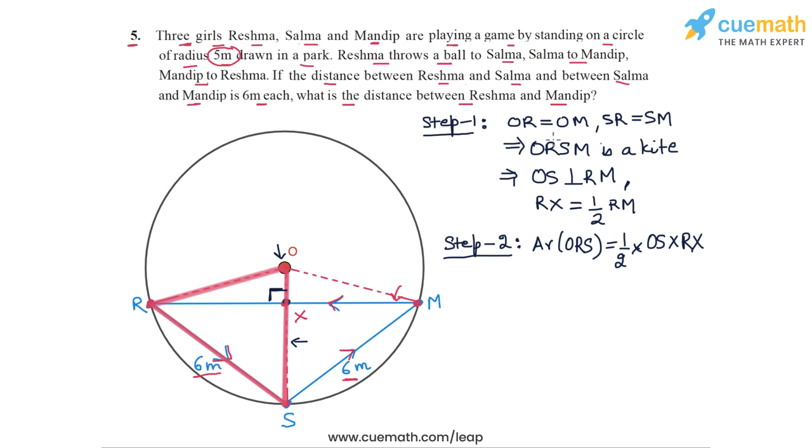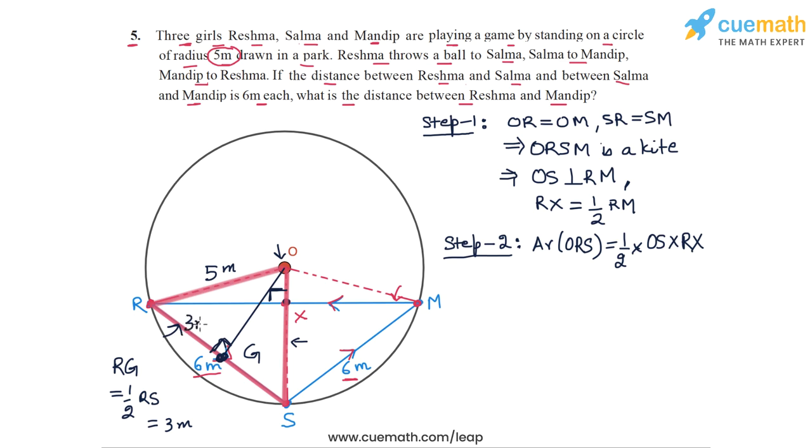The other way is to take RS as the base and drop a perpendicular from O to RS, so that becomes the altitude. We took the foot of the perpendicular as G, and we have this angle as 90 degrees. OR is 5 meters and RG is half of RS, so this is equal to 3 meters, because OG is perpendicular to RS, so OG will bisect RS.